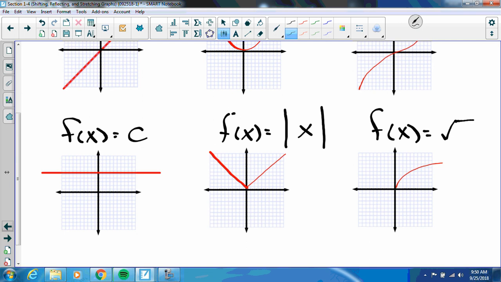There you go, square root of x. Okay. This is our library of parent functions. So just about any equation or any function that we see, I can play around with these guys and make that equation. Okay?